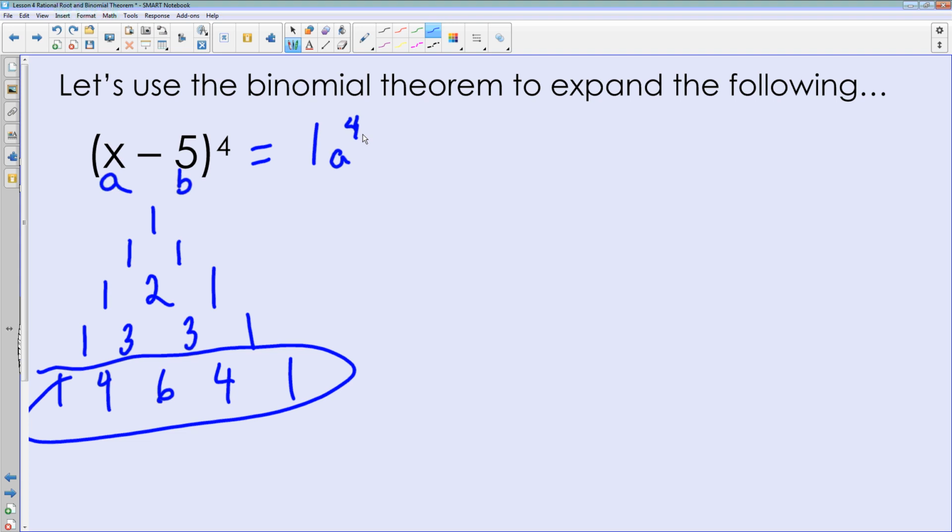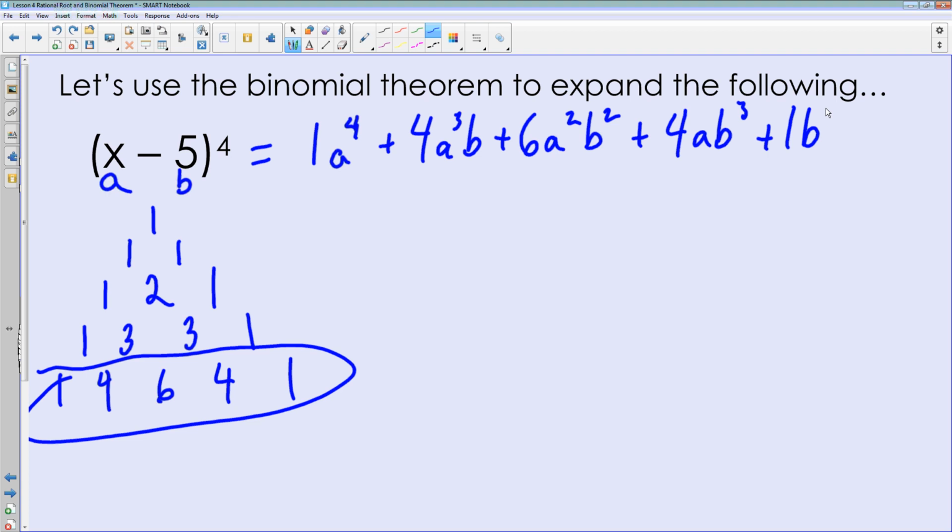So 1a to the 4th plus 4a cubed b plus 6a squared b squared plus 4a b cubed plus 1b to the 4th.